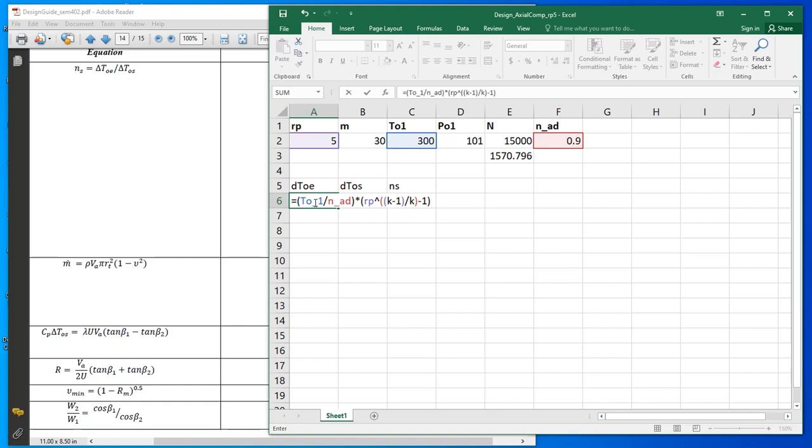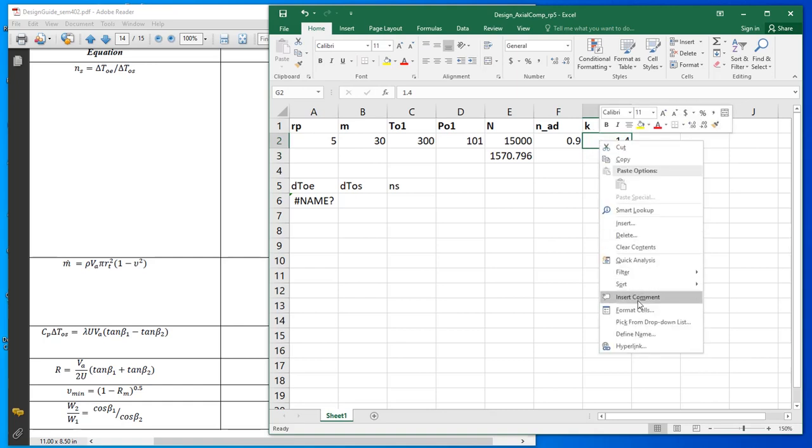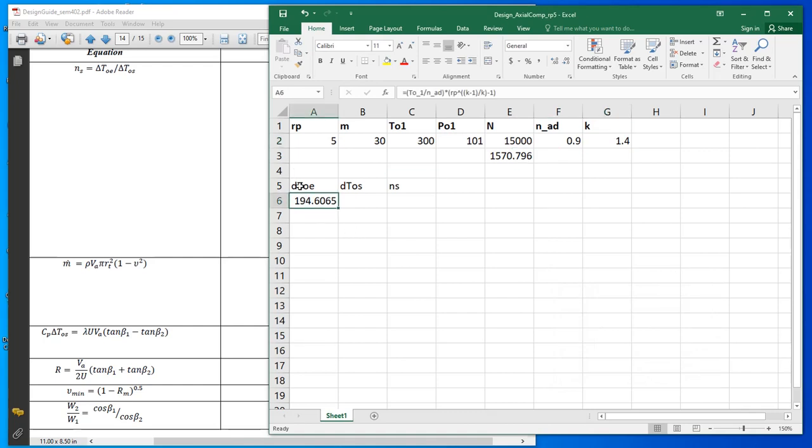When we enter that formula, it is going to give us an error because we do not know the value of K. K is 1.4, the K value for air. Once we feed that value, we get 194.6, which is what we got in our manual calculations also.